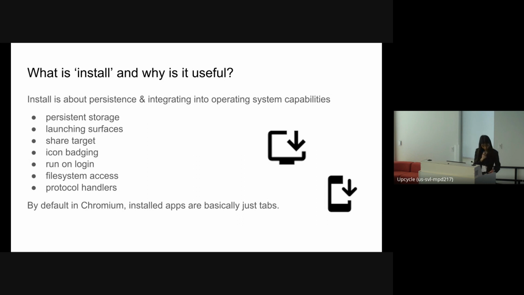In summary, besides all the cool things we get from using the web, an installed PWA can get some additions from the OS, making the whole user experience nicer, smoother, and easier to use.